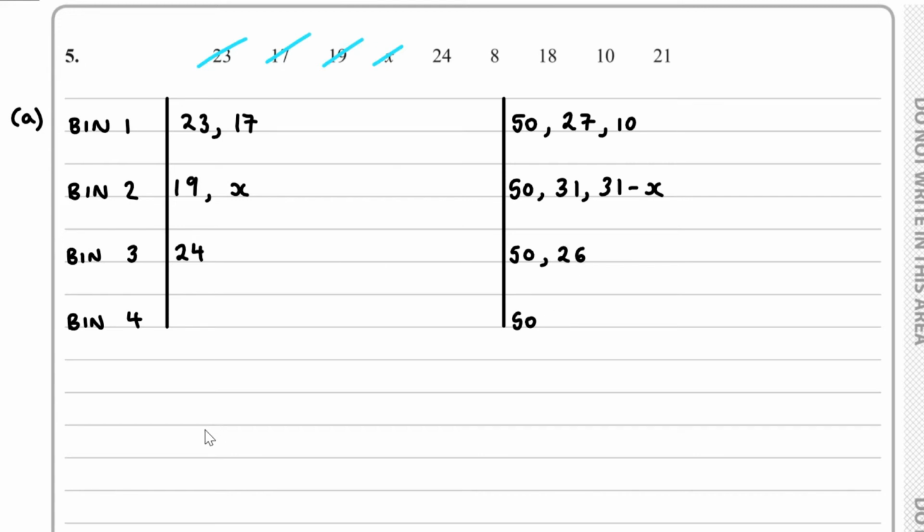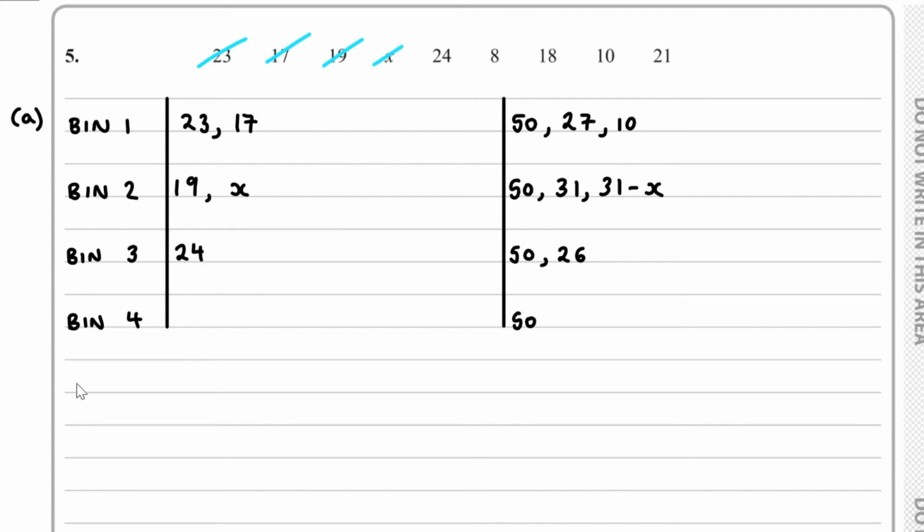Now why is this important? Well, what this tells us is that because we don't have enough space in bin 2, we had to place it in a new bin.